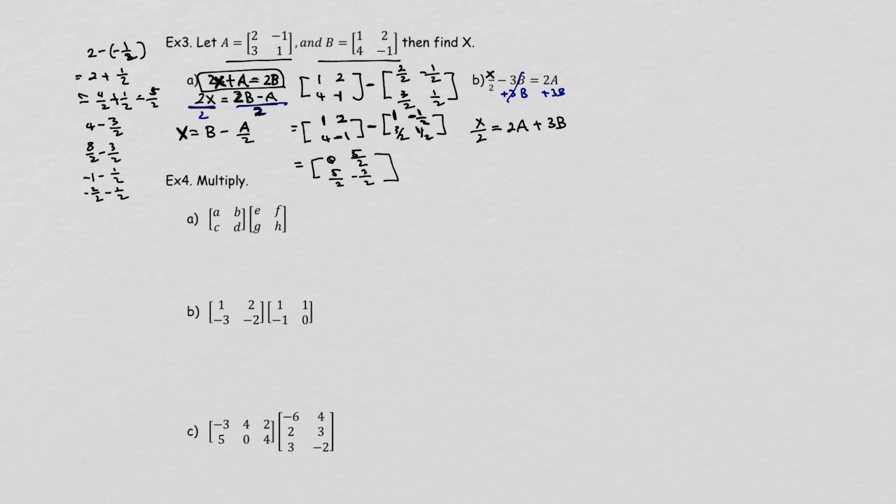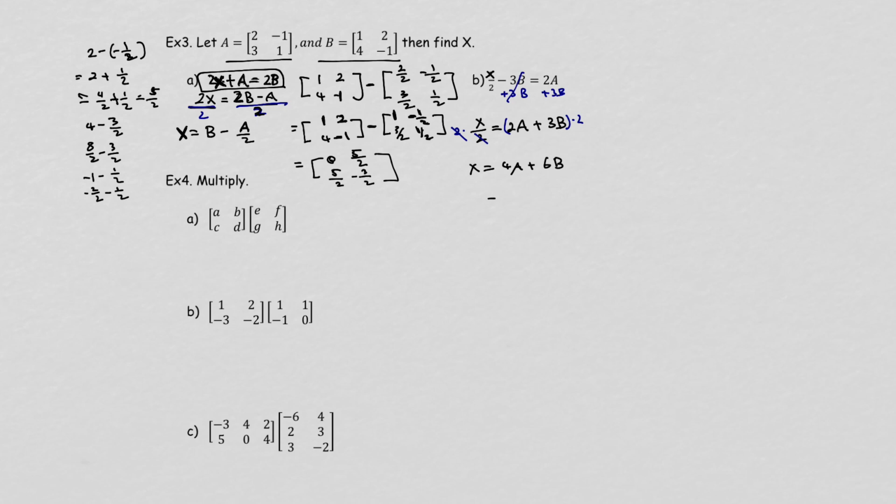Let's multiply everything by 2 to cancel out the denominator 2 and isolate x. So your x should be 4A plus 6B.